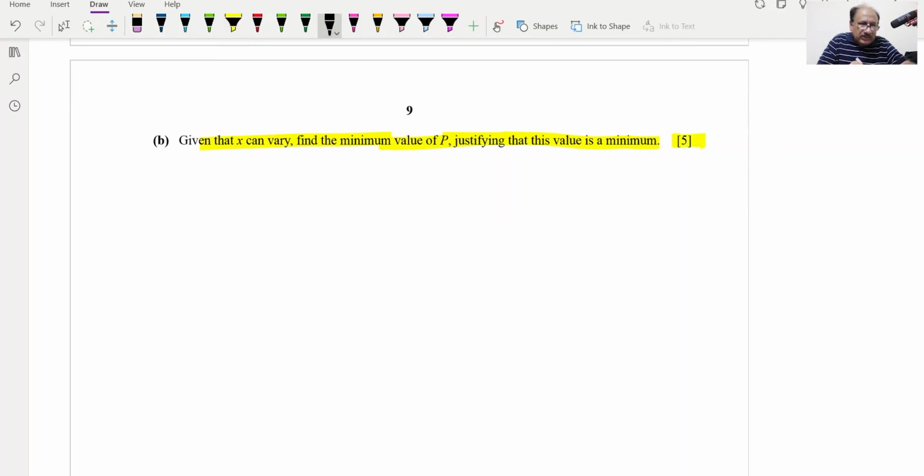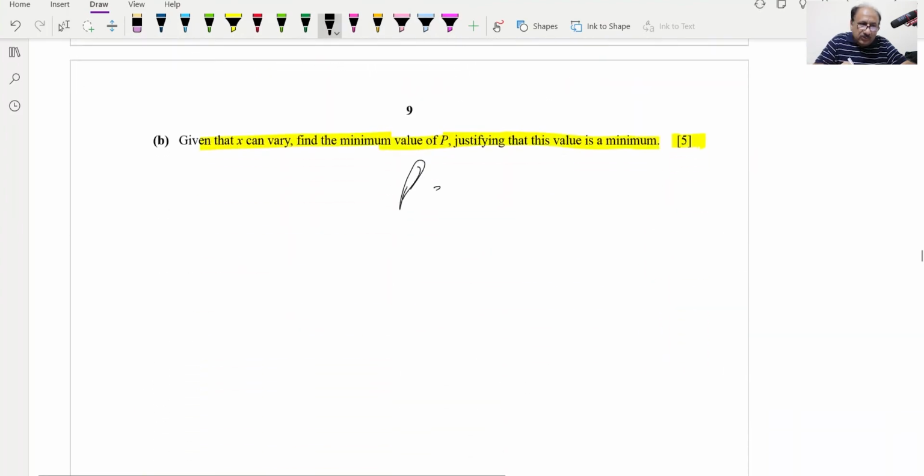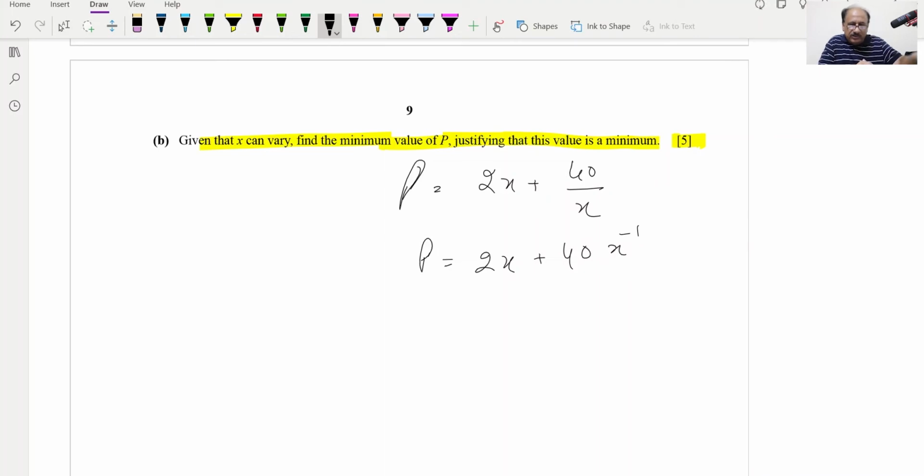So p is the final equation which we have just written in the previous part, 2x plus 40 over x. We can rewrite it as 2x plus 40 into x raised to minus 1. This is our p. Now we can find the change in p with respect to x. So dp over dx will be the derivative of this equation.